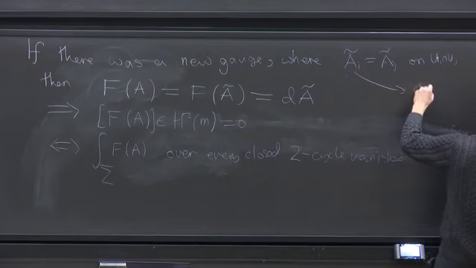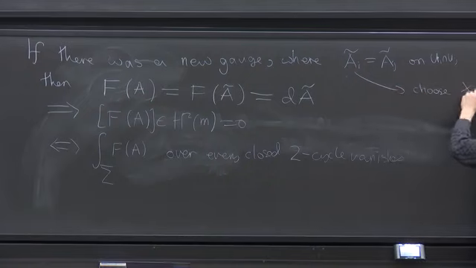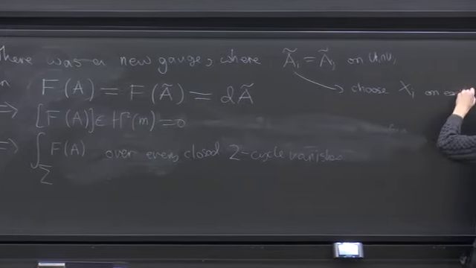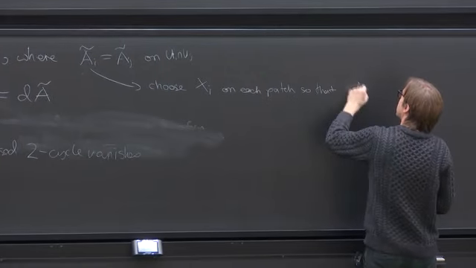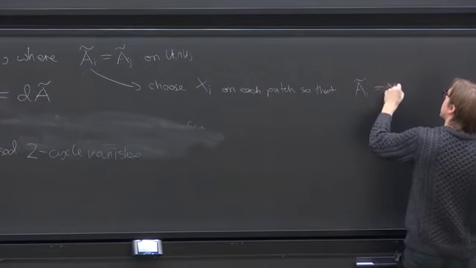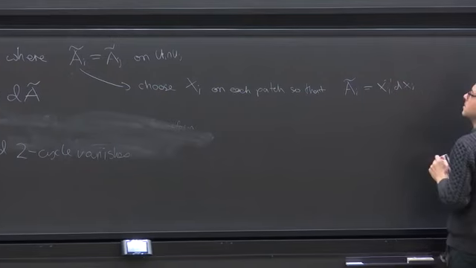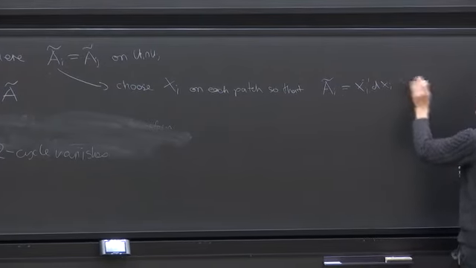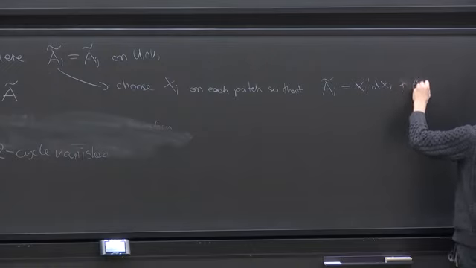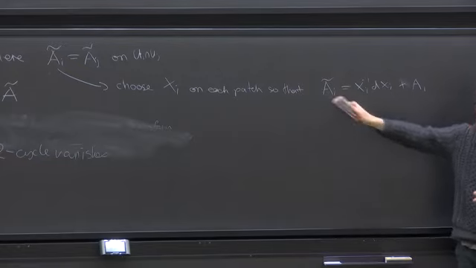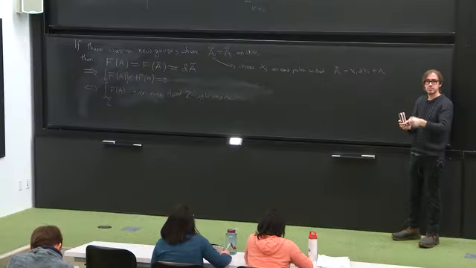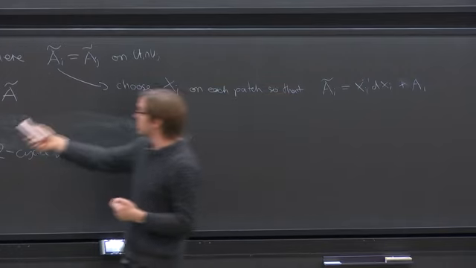It means to choose some g_i on each patch so that A_i tilde is equal to g_i inverse d g_i plus A_i. So the question is, can we find some gauge transformation on each patch such that the A_i tildes actually agree on the overlap? And what we're finding is that the curvature is an obstruction to doing that.